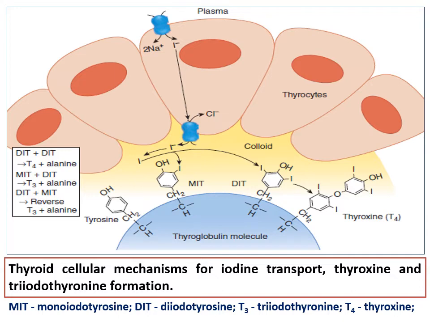So the first essential step in the formation of thyroid hormone is conversion of iodide ion to an oxidized form of iodine, that is nascent iodine, which is capable of combining directly with tyrosine. This oxidation of iodine is promoted by the enzyme thyroperoxidase.